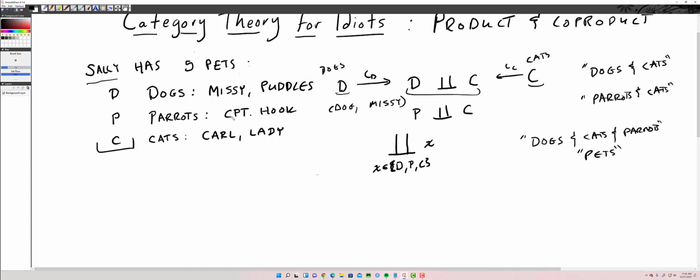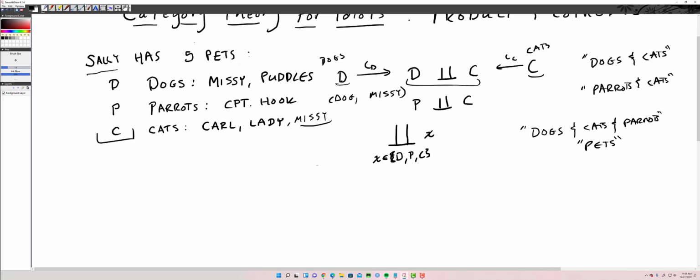For instance, if we had a cat named Missy, we wouldn't get confused and think Missy the cat was Missy the dog. It's not a union. We are keeping all of the abstraction of D and all of the abstraction of C, and all the specificity of D and all the specificity of C, and we're combining them into a new object. That is what is happening here.